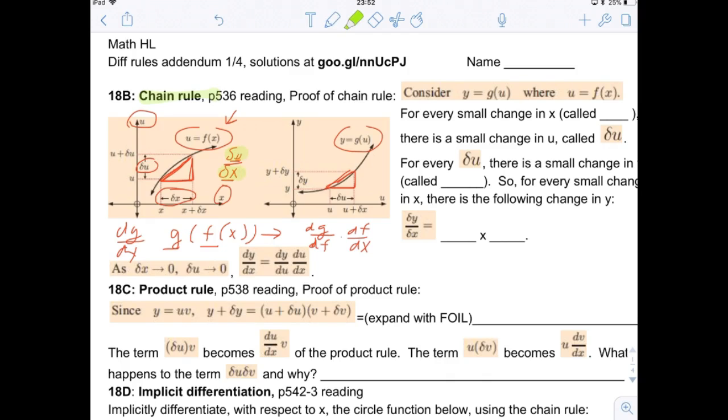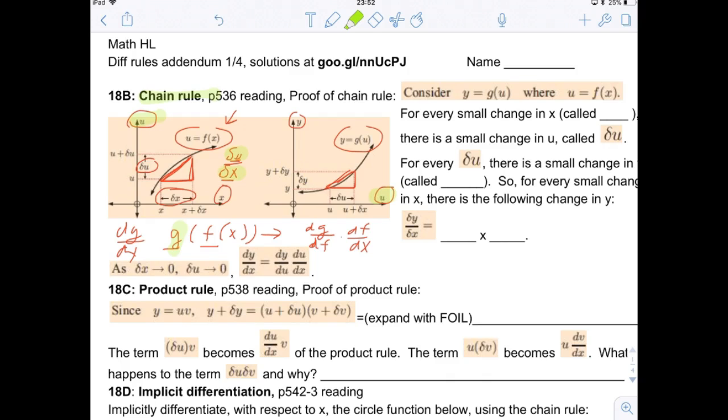Now, the other function is the outside function g. It has as its independent variable u, and as its dependent variable y. That's pretty weird, right? The output of f is u, and the input of the g function is also u.